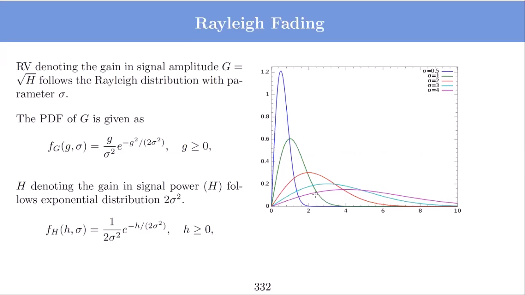So if G has the Rayleigh distribution, then G square, which is H, would have an exponential distribution, and its distribution in particular will be given by this. Again, its parameter is 2 sigma square, so its mean would be 2 sigma square. Normally we take it as a unit mean, and all the constants, like the average gain, which is the mean, we can incorporate in the path loss itself.